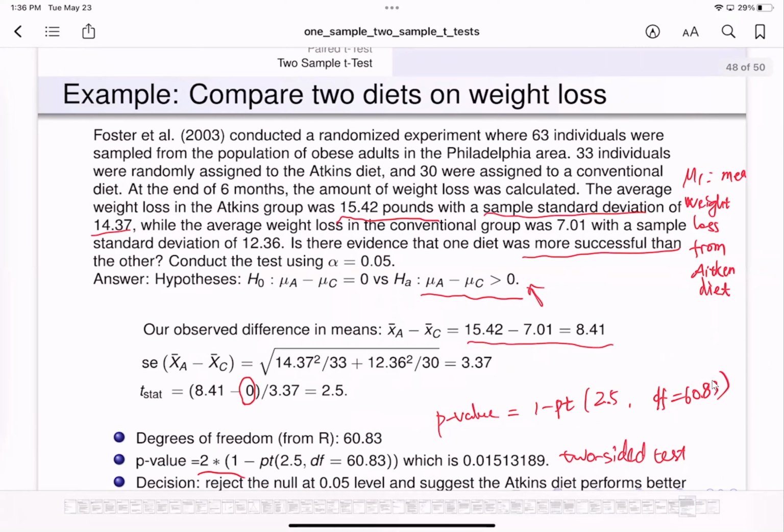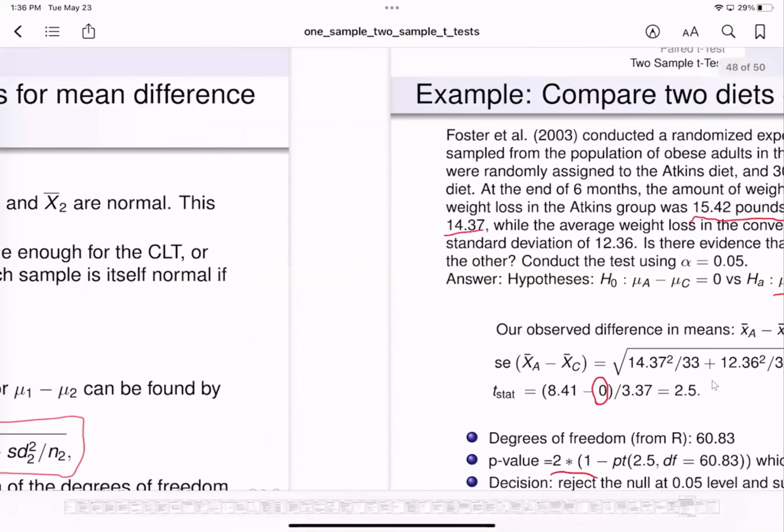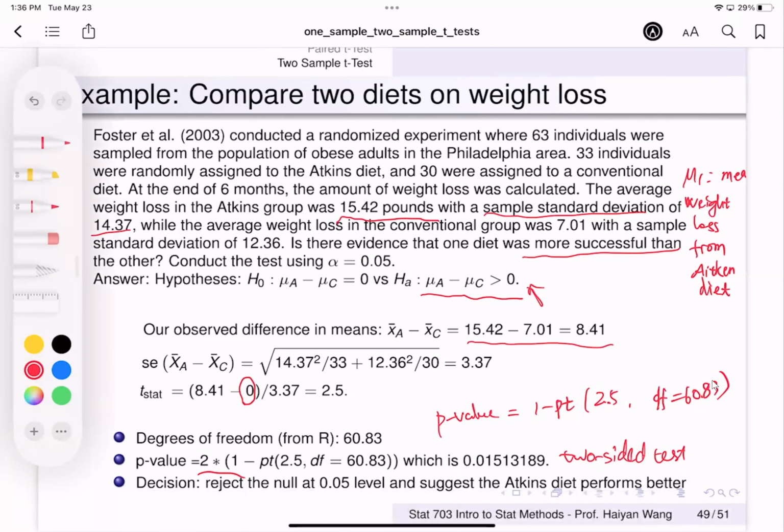So actually the p-value would be equal to around 0.0075 something. And with that p-value at the 0.05 level, we will reject the null hypothesis, and conclude that the Atkins diet group is more effective in weight loss.